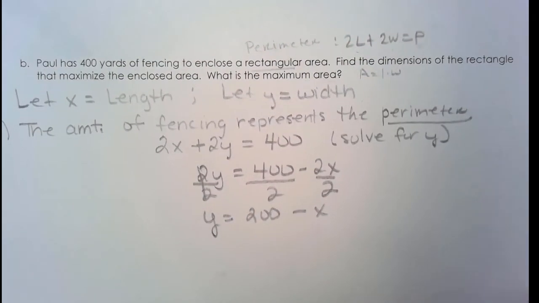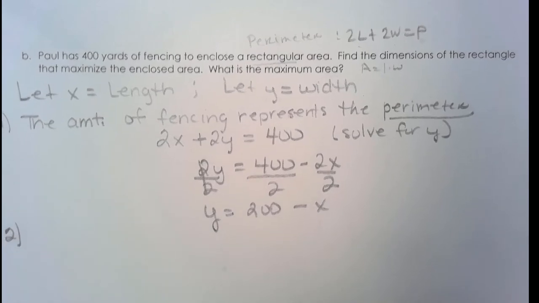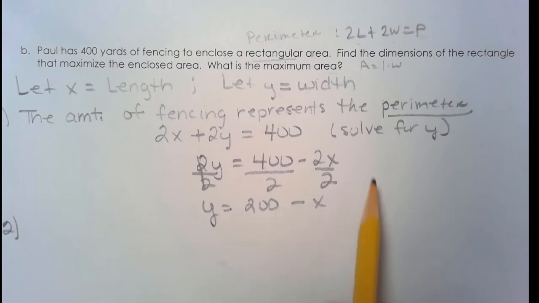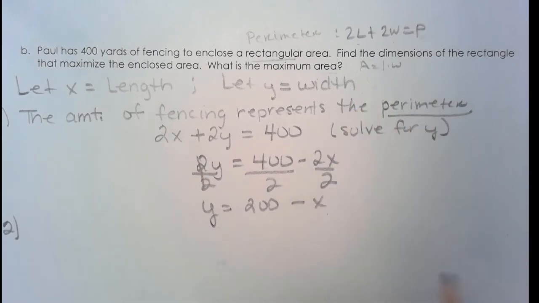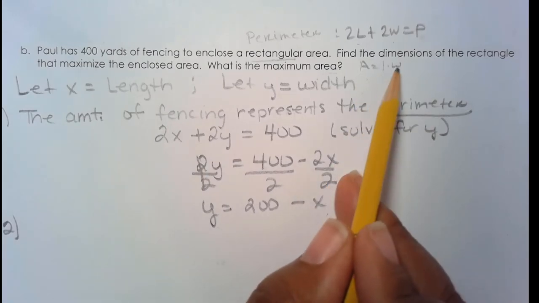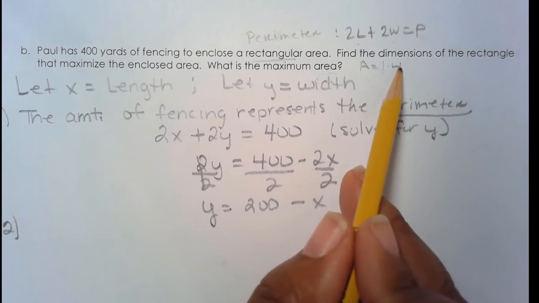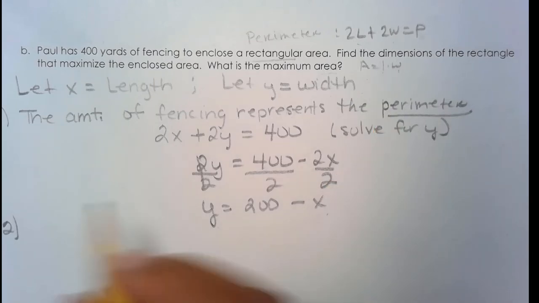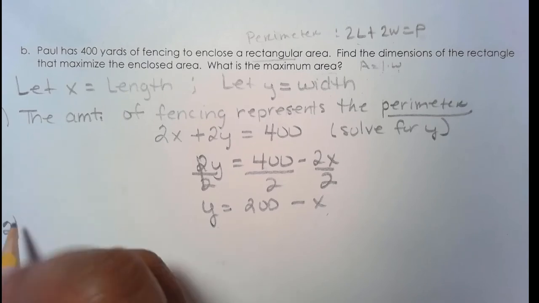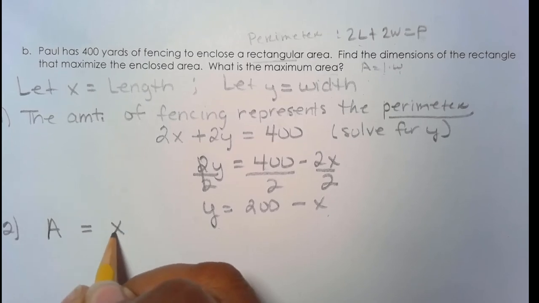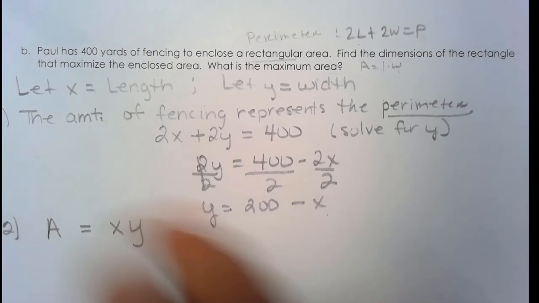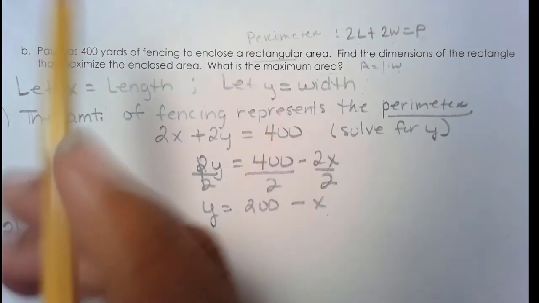So what's the next thing we have to do, because we at least have the perimeter identified. Next we're going to use our area formula. So instead of using L and W, we're going to use X for the length, Y for the width. So we have A is equal to X times Y. And better yet, we're going to make this into a function.